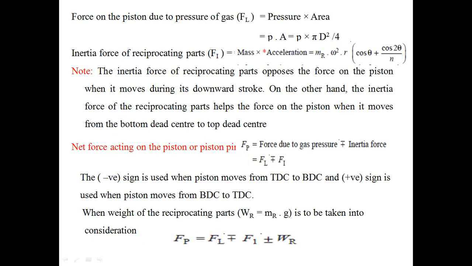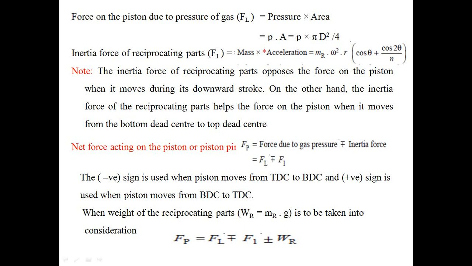The force on the piston due to gas pressure will be Fp, which is equal to the pressure multiplied by area. Here pressure is p and A is pi by 4 D square. And the inertia force of the reciprocating parts Fi is equal to mass into acceleration, that is Fi is equal to Mr into R omega square bracket cos theta plus cos 2 theta by n.